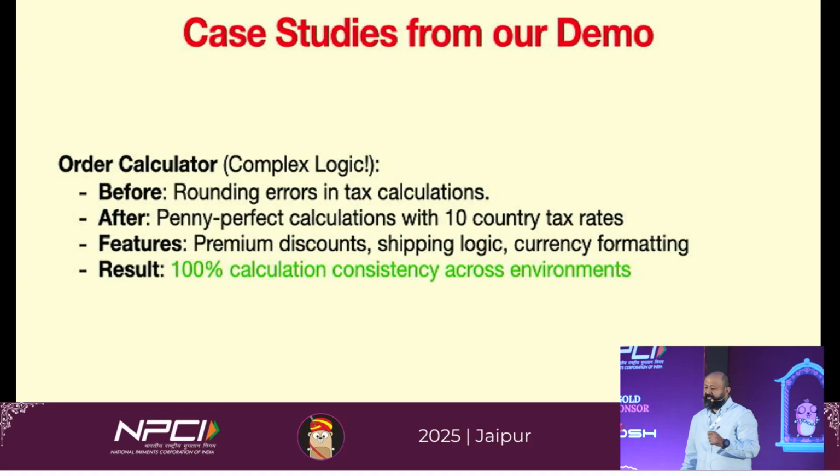So he's able to calculate better and more accurately. And on top of that, he's also able to build really good features like premium discounts, shipping logic, currency formatting, right? Unfortunately, he doesn't give me a 0 price product, but he does give me a lot of good discounts. And so the result is we have 100% calculation consistency across all environments, right?